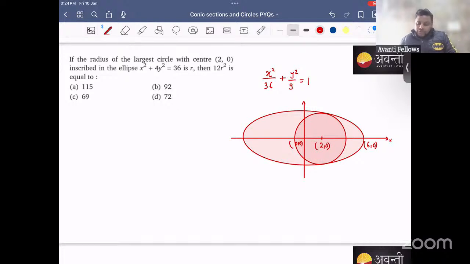Right, clear? So this is what you are looking for, and for that I want this length. That will be the radius of the circle. Fair enough? Now, how to get this? This is a big challenge, I tell you.